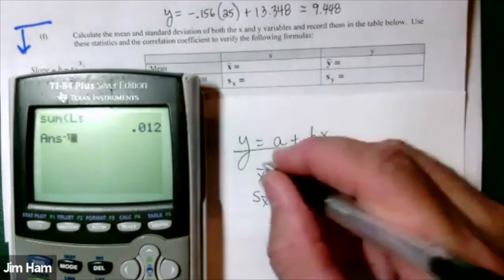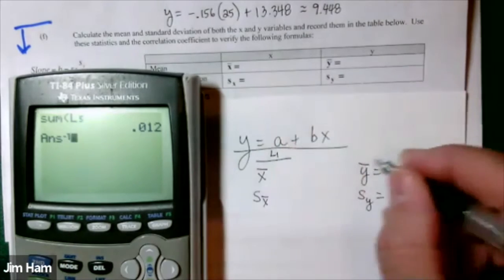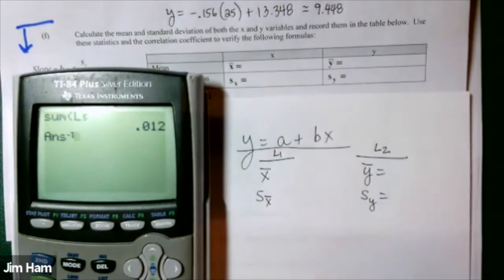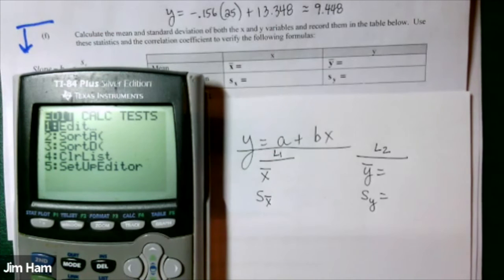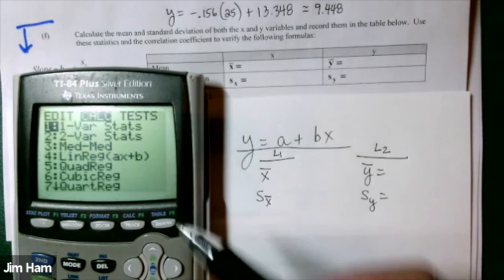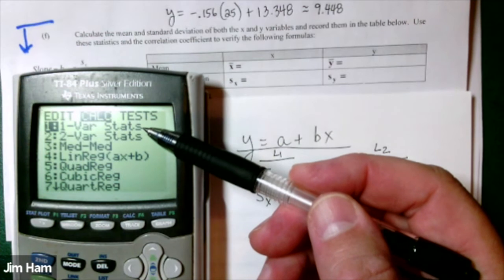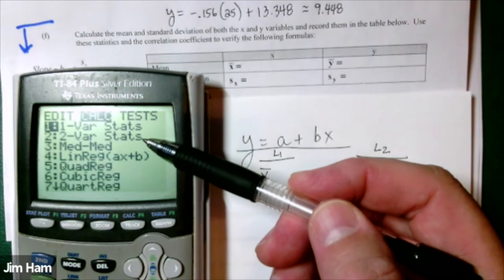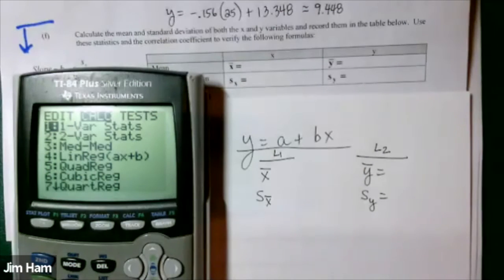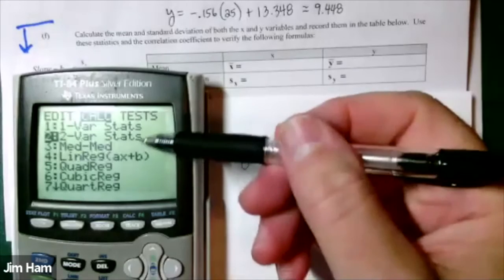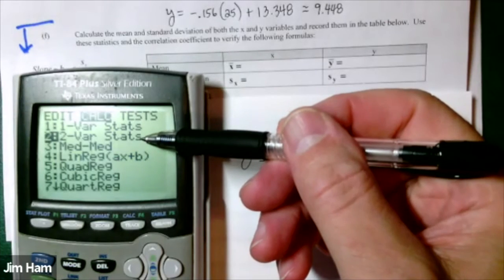Now, we have our x values in L1 and our y values in L2. So we're going to do stat, then calculate, and we can do one variable statistics. There is another feature here called two variable statistics. You can either do one variable statistics twice, once for the x coordinates and once for the y coordinates, or use this new function we've never used before, two variable statistics.